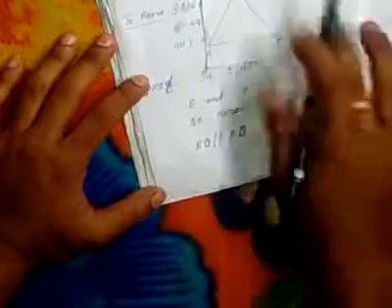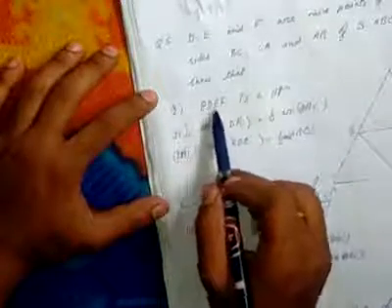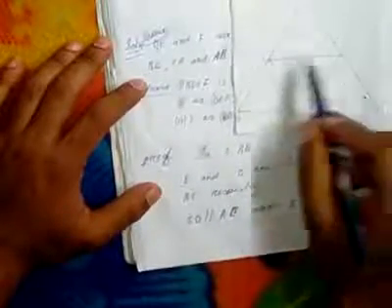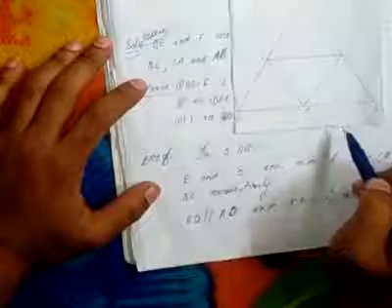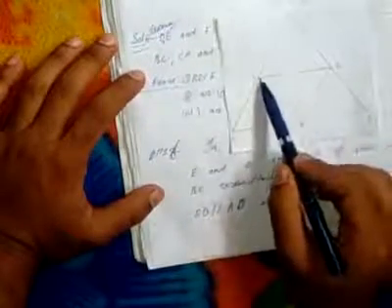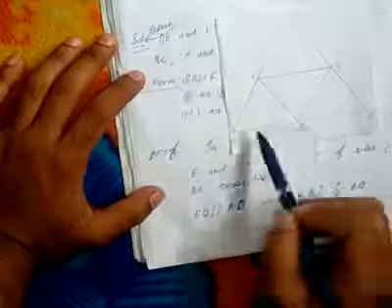Again, let's see the question here. You can see that we have to prove that BDEF is a parallelogram. If you see properly, ED is parallel to AB, and ED is also parallel to FB, isn't it?